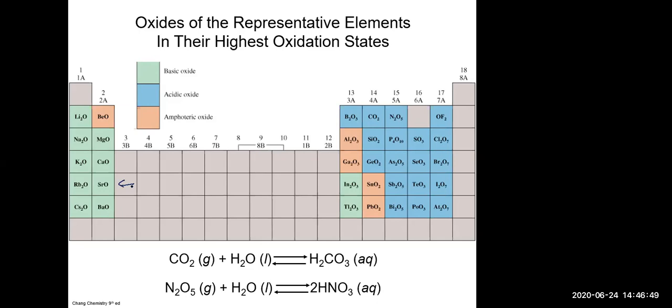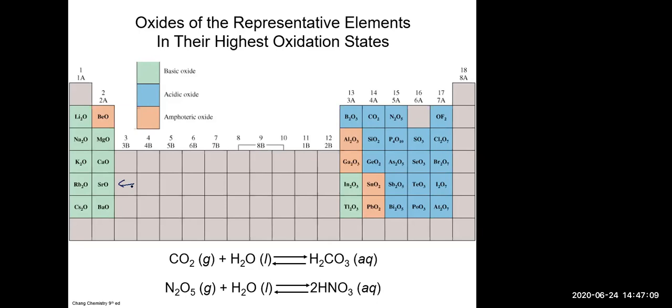Group 1 and group 2, as we talked about a number of times, is where a lot of strong bases come from. So you take something like sodium oxide, magnesium oxide, potassium oxide, and react it with water. You'll generate sodium hydroxide, potassium hydroxide, and so forth. So that's where a lot of strong bases come from.